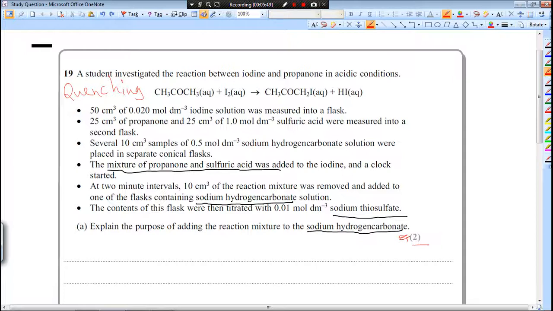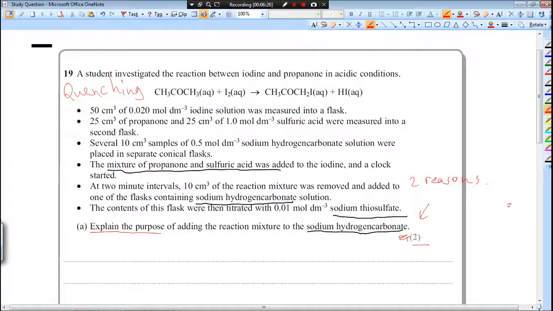They have asked us to explain the purpose, so they want the reasons for adding sodium hydrogen carbonate. There should be 2 reasons for 2 marks, so 1 reason per mark.